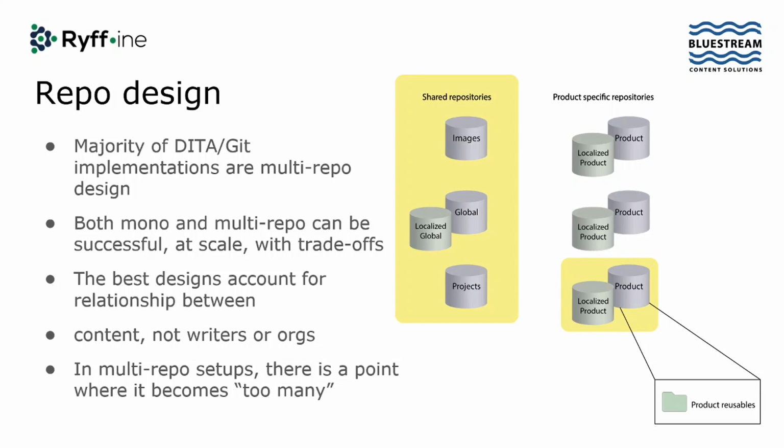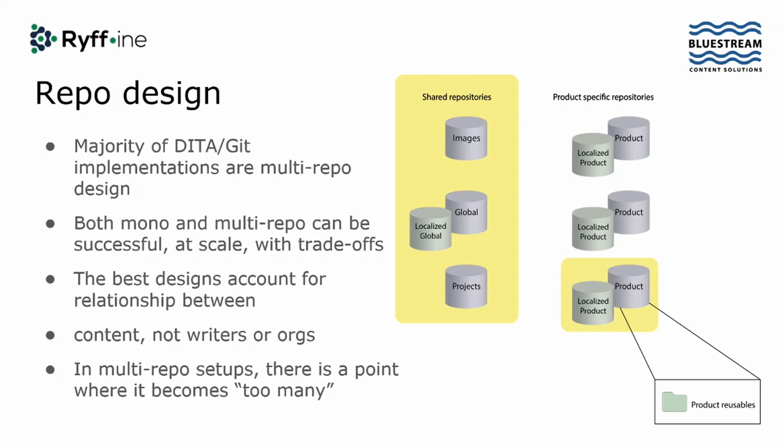As you can see, in this particular sketch, there are not too many repos. There's not a repo, for example, for every deliverable, right? There might be a repo for every product. There might be a repo for every language, but we have to balance out our need for scalability with the need to manage these repos and manage this content and manage the dependencies in between those.